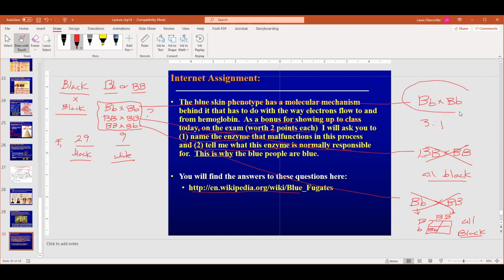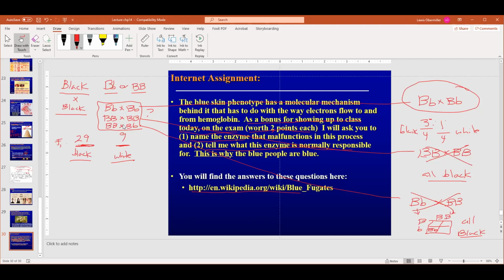So this is really the only outcome that would give us white ones. We would expect 3/4 to be black and 1/4 to be white. And this is pretty close to that ratio. We're like 30 to 10 would be the 3 to 1 ratio.